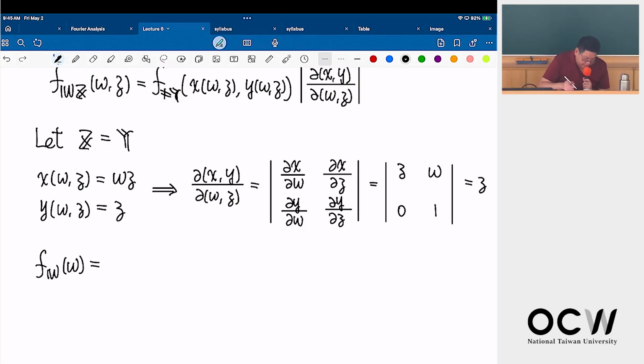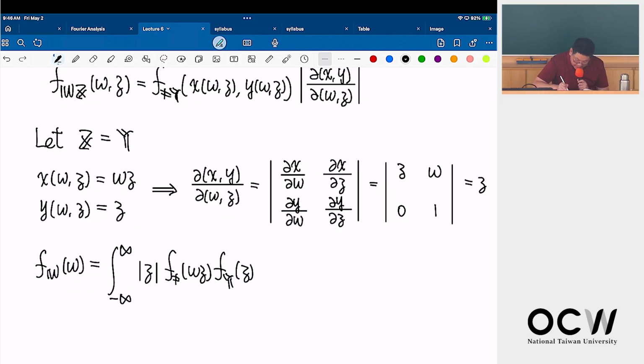So to find the PDF of W, I have the absolute value of the Jacobian, and then the multiplication of the marginal PDF of X, where X is a function of W and Z, and also the marginal PDF of Y, that's a function of Z, dz.